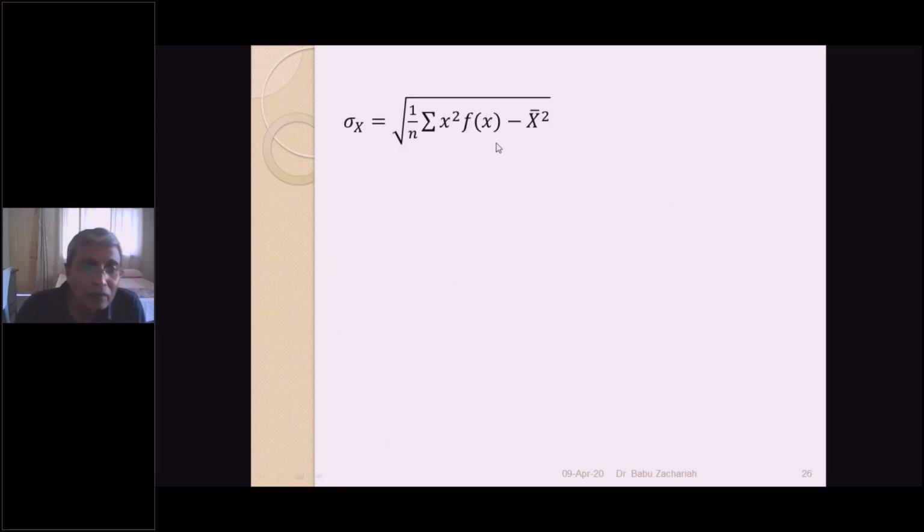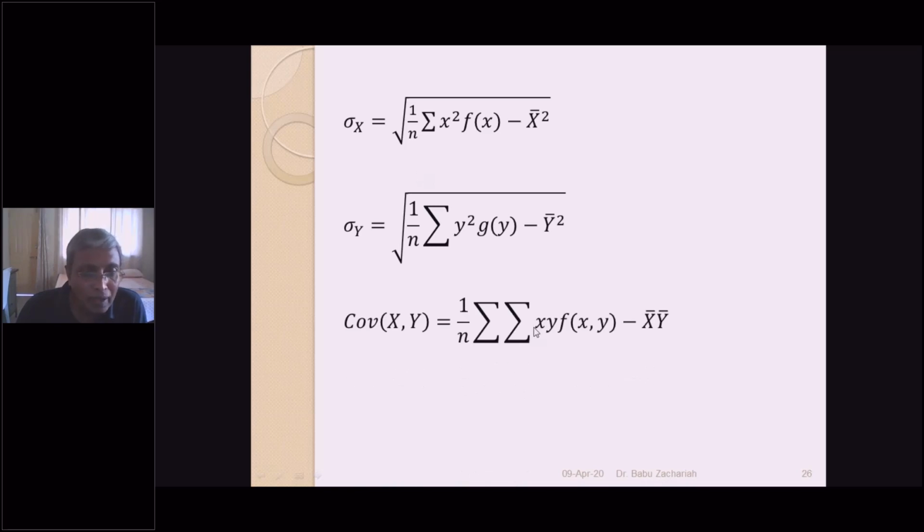So the sigma x formula will be this. The sigma y formula will be this one. These are modifications of our earlier formulas. And covariance will be 1 by n double summation of x into y, f of x y, minus x bar into y bar.